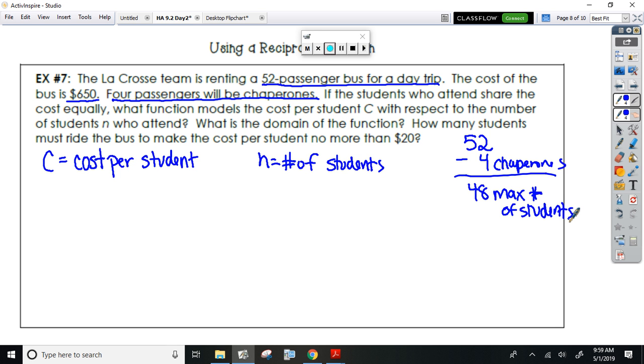Who thinks they could write a function to model the cost per student with respect to the number of students that need to attend if we're dividing $650 evenly amongst each student?